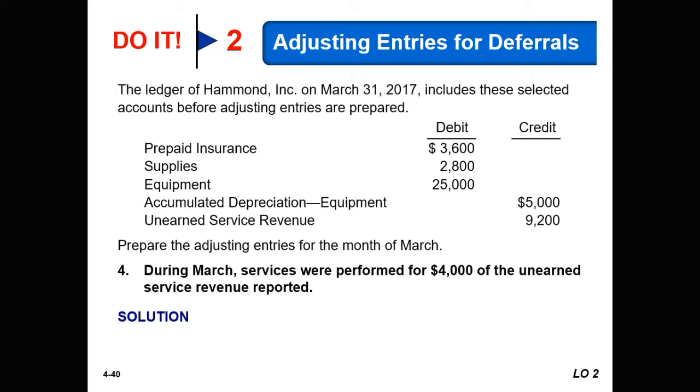We have now fulfilled $4,000 worth of that. Now we only owe our customers $5,200. So we debit unearned service revenue $4,000, and we credit and recognize the completion of that obligation, a service revenue for $4,000.